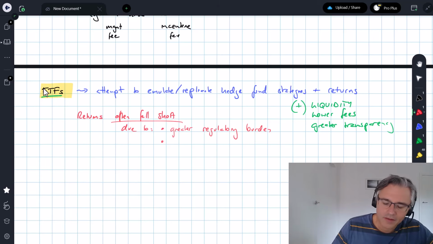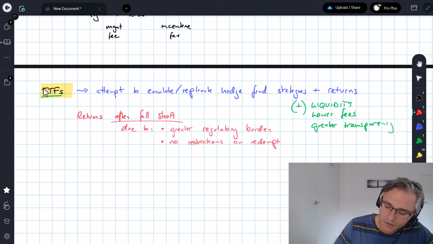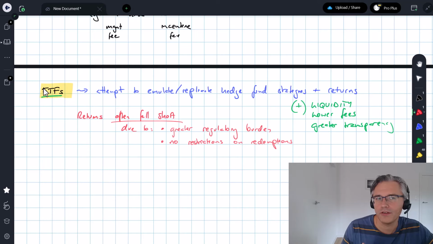These funds are liquid, so there are no restrictions on redemptions here. And that means these funds will often have to liquidate positions and open positions depending on the flow of money in and out, something that hedge fund managers do not face, at least to that extent.